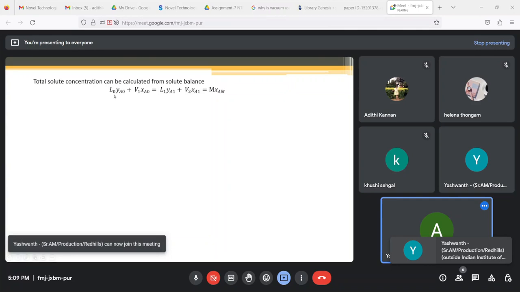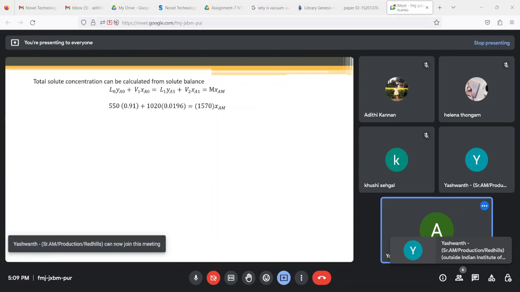We know what is L naught, we know what is V1. So we'll calculate from the inlet streams itself. And yA naught we calculated from the previous questions. A divided by A plus C, that was your yA naught. So that was 550 into 0.91 plus 1020 into 0.0196. This was again A divided by A plus C in the hexane stream. So we are basically using the solutions from the previous question to solve this question. Any doubts in this? How 0.91 and 0.0196 came?